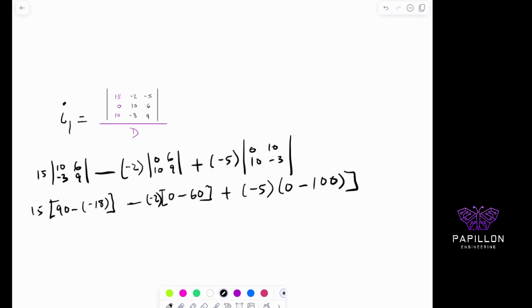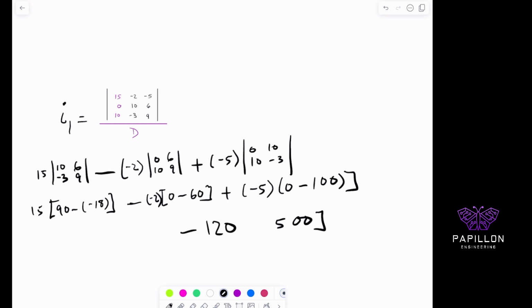So if you quickly go through this with me, you should do some basic algebra, I hope, right? So negative 100 times minus 5 gives us back 500. Minus 60 minus 2 times a negative. So I just leave it as negative times a negative is a positive, then a negative, so you have minus 120 here.